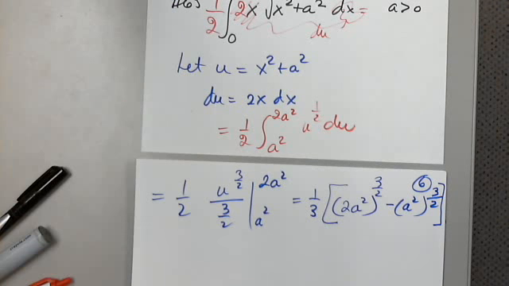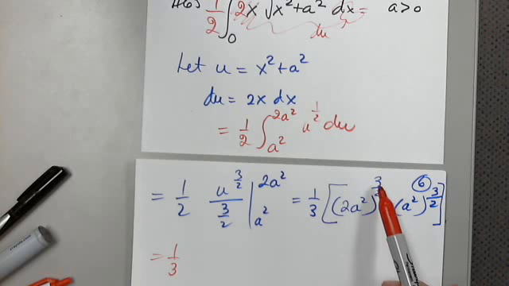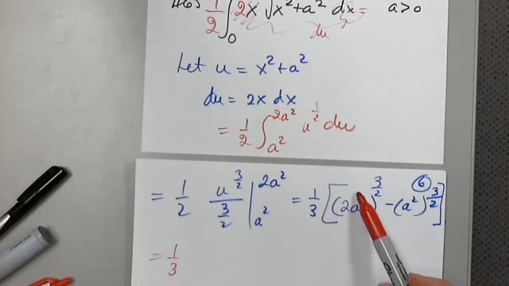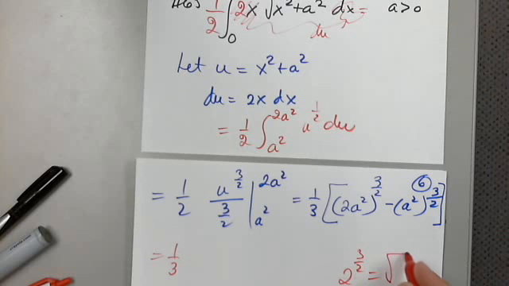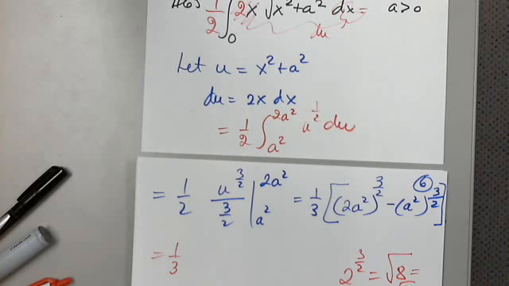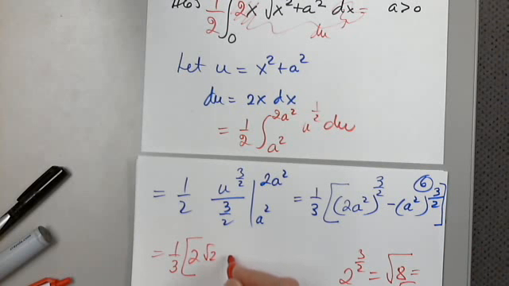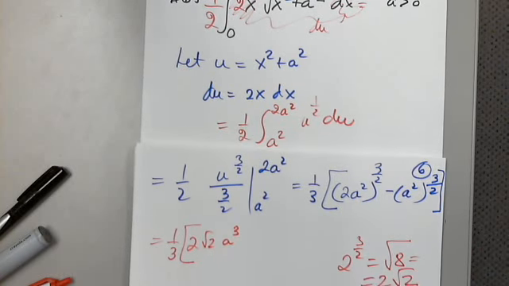Okay, so then we have a 1/3 outside. 2 to 3/2 is the square root of 2 cubed, so 2 to 3/2 is the square root of 8, which is 2 the square root of 2. a squared to 3/2 is a cubed. So 2 the square root of 2 a cubed minus a cubed, and you can leave it as is.